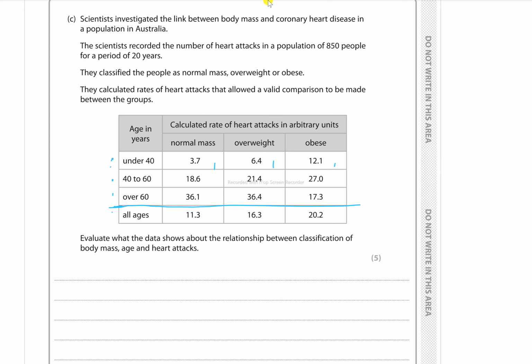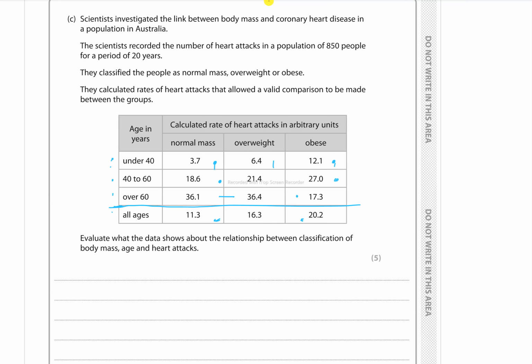Under 40, there's a massive difference if you're obese. 40 to 60, there's still a massive difference. Over 60, that's strange. There's not much difference there. If you're over 60 and you're obese, you're alright. So overall, if you are obese, it's almost twice the chance. So it goes from 11 to 20.